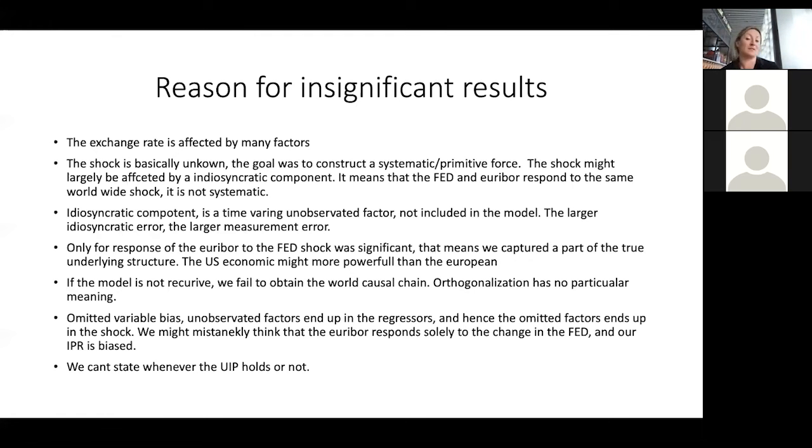And we might mistakenly think that the Euribor responds solely to a change in the federal fund rate, and we might actually have a biased impulse response function. And from this paper, you cannot state whether the uncovered interest parity holds. But that's it, what I have to say.